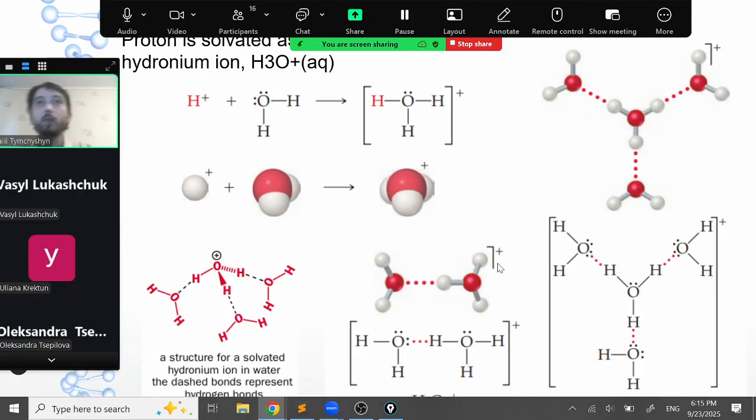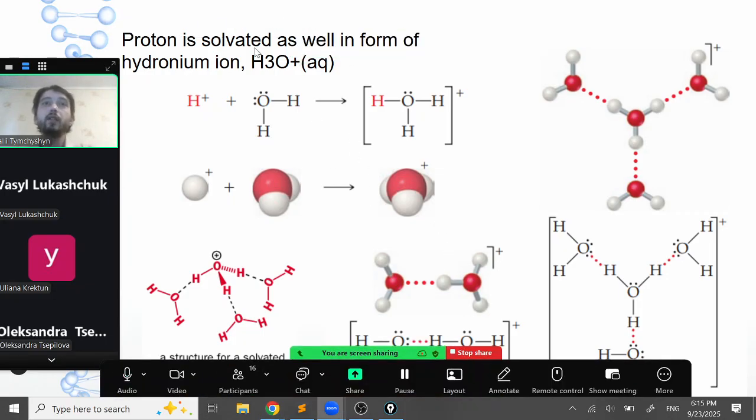So what else? If we have a proton in the water, it is solvated as well as anything else that has charge, and it basically transforms into something that we call a hydronium ion, and we write that as H3O plus. So here is an example. We have a proton, and it is solvated, and we consider that as some form of interaction between a proton and a molecule of water.